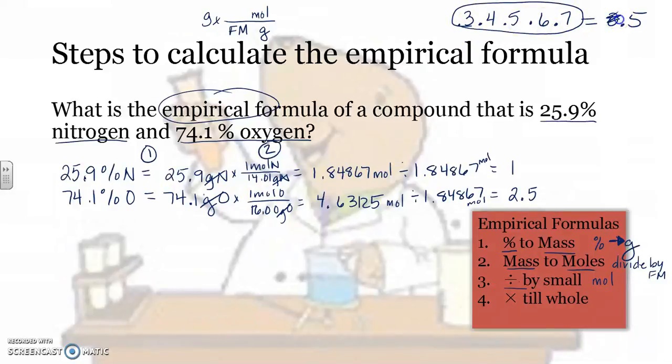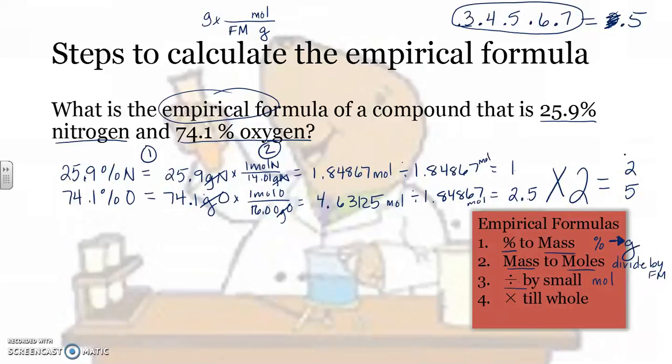Okay, and the reason you want to keep it at a 0.5 is because we have to now multiply by a whole number to give us a whole number. Well, 0.5 times 2 will give us 1, right? Okay, so we're going to multiply 1 by 2 gives us 2, and then 2 times 2.5 gives us 5.